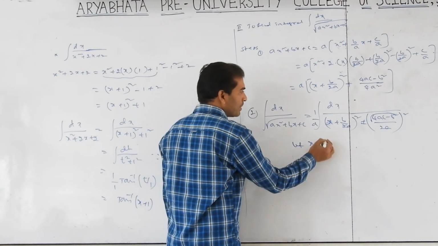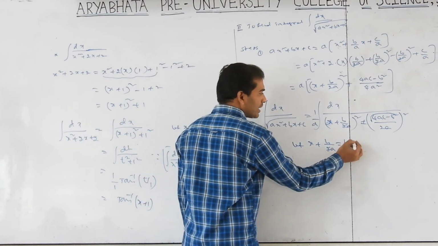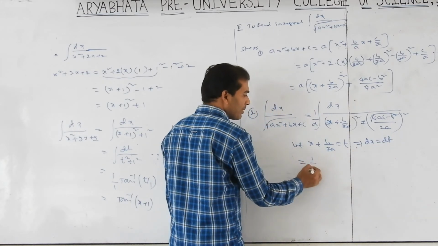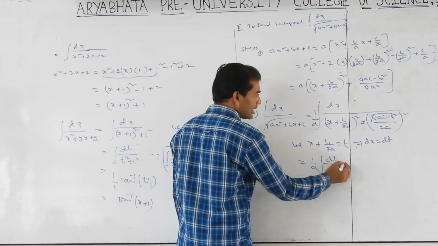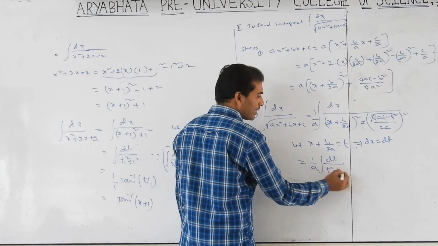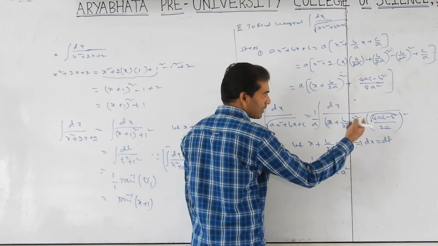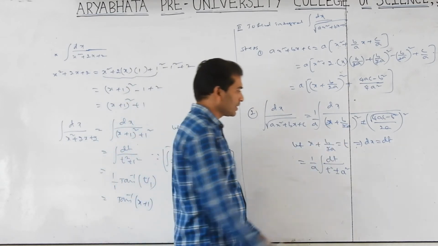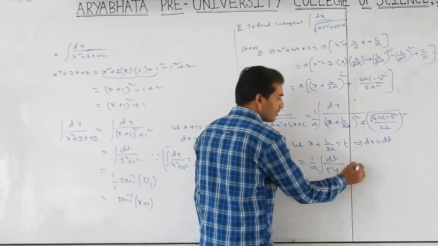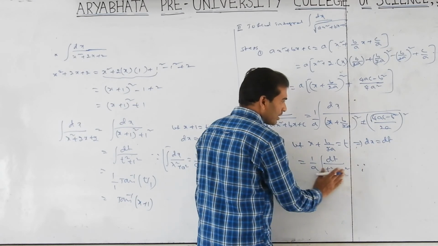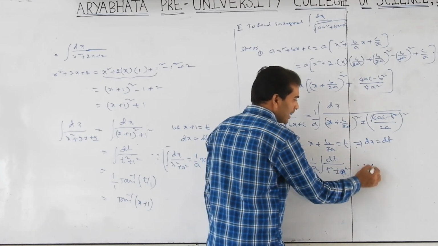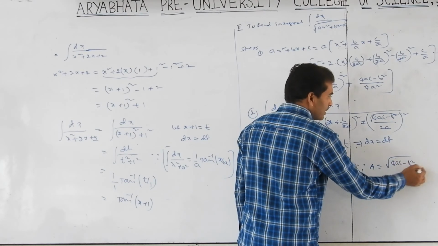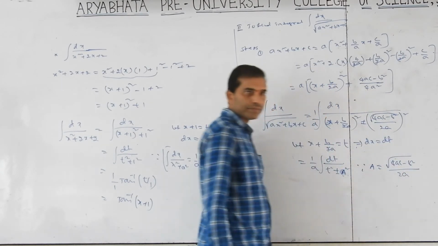Let x plus b by 2a equal t, then dx equals dt. So 1 by root a integration of dt by root of t square plus or minus A square, where A is a constant, A equal to the square root of 4ac minus b square by 4a square.